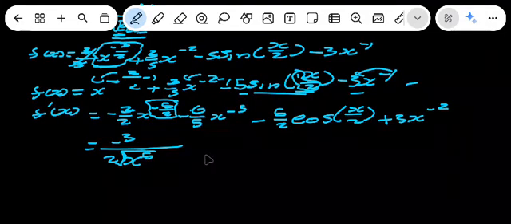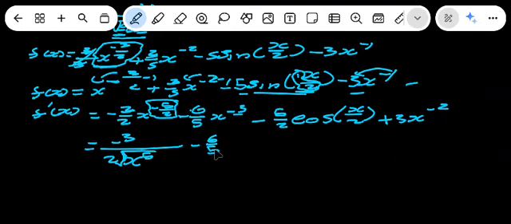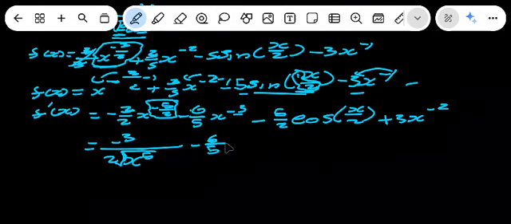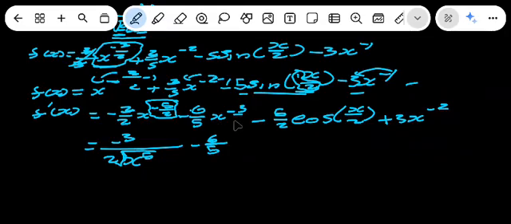That will be your answer here. You take this to the bottom, you'll have minus 6 over 5. Let me take this to the bottom, it will be x to the positive 3. Then here, this is fine.